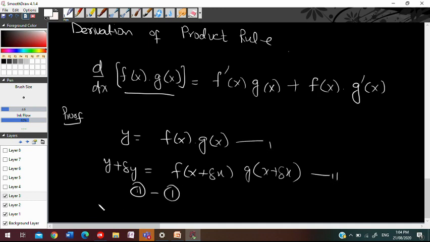So we get del y is equal to f of x plus del x into g of x plus del x minus f of x into g of x.